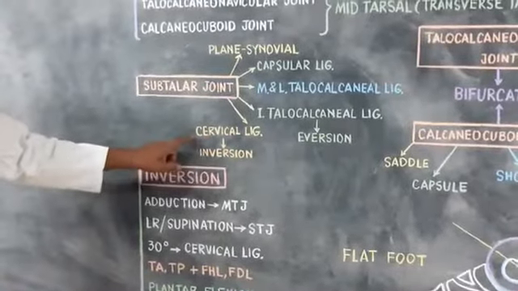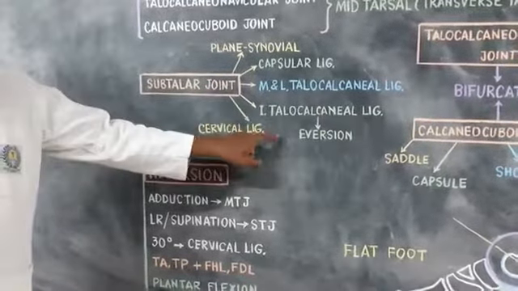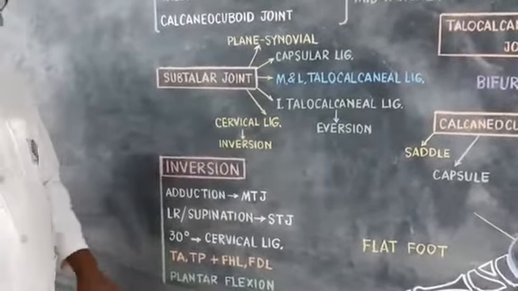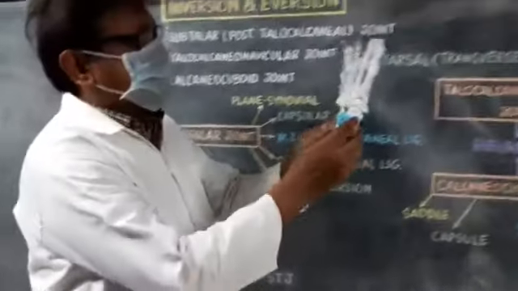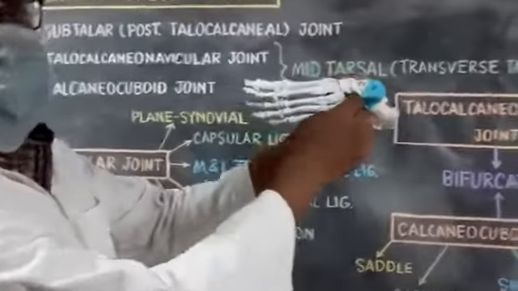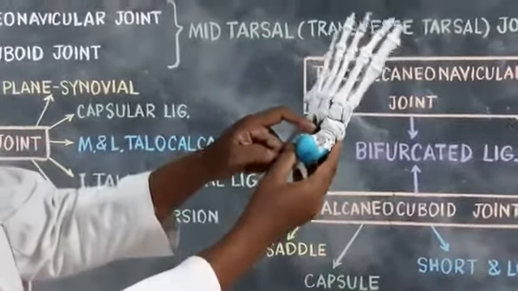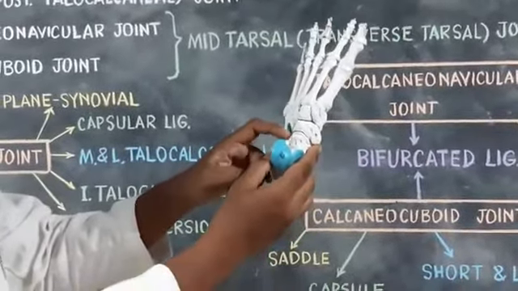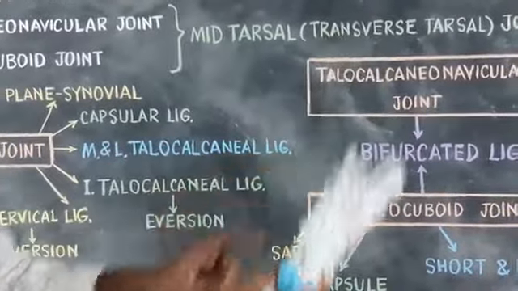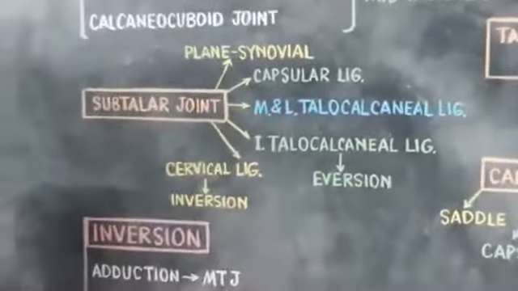Another important ligament is the cervical ligament. The cervical ligament extends from the upper surface of the calcaneus up to the lateral aspect of the neck of the talus bone.